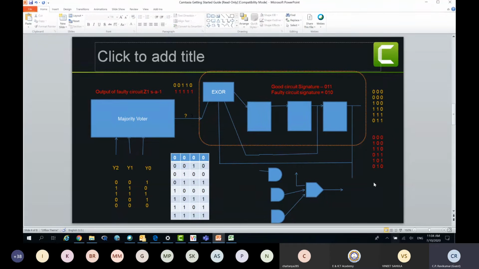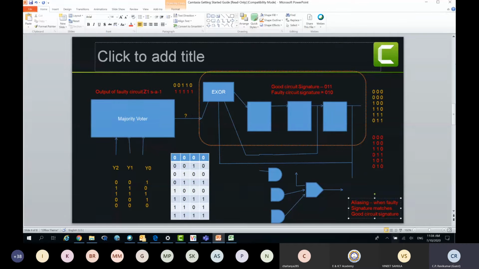That chance is there. We call that aliasing. So aliasing means when the faulty signature matches the good circuit signature.